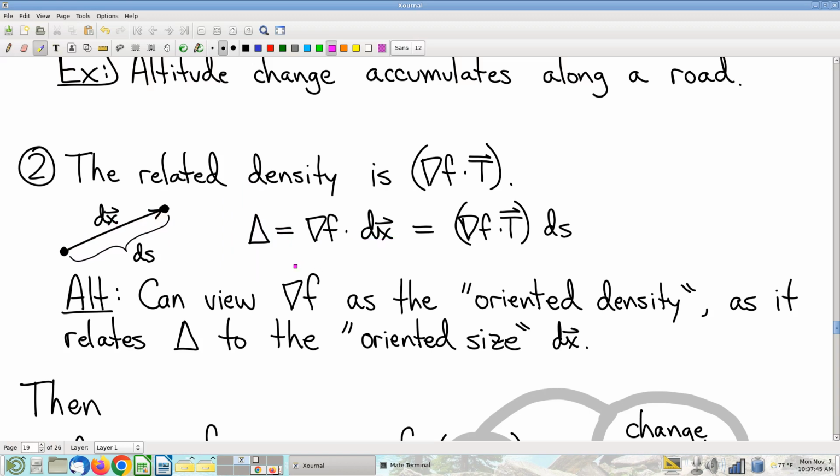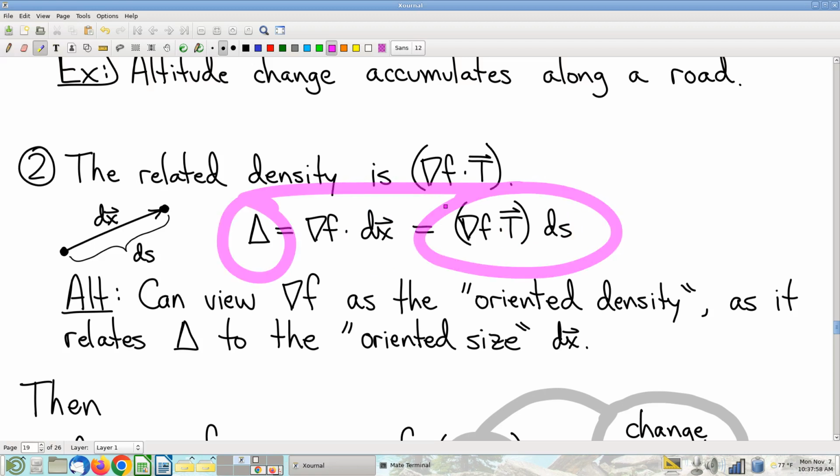Okay. And then I'm going to rewrite, because dx can be rewritten as T ds, and then you can move parentheses around a little bit. Now if we look at this version, you see gradient f dot T is what you multiply by the size, ds, the size of that little piece of curve.